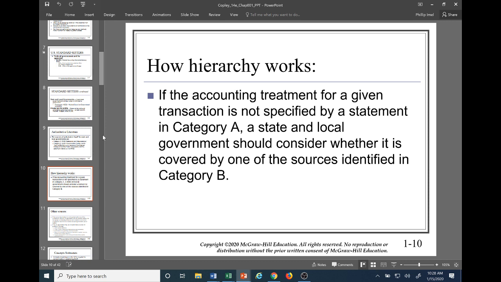That's where you're searching the authoritative literature, because it's going to tell you what the authoritative body says is the correct way to account for the transaction. So that's pretty much what the codification is.